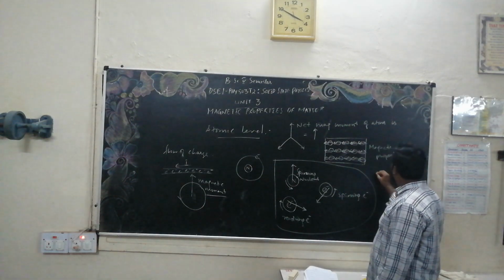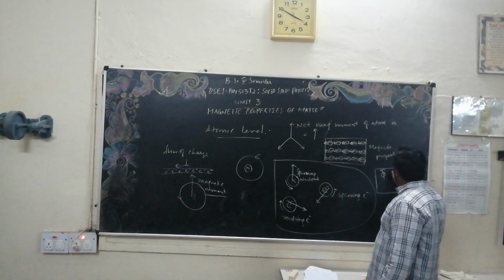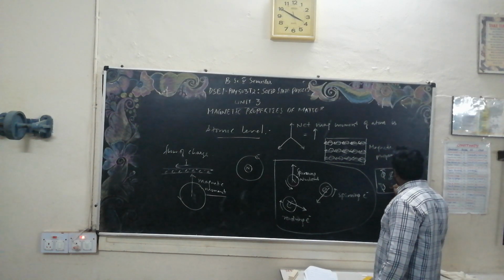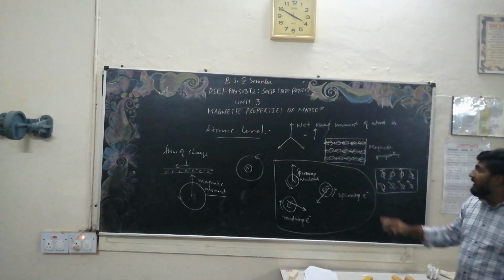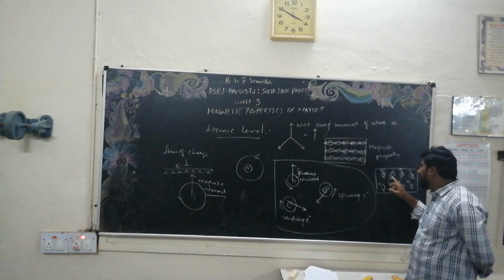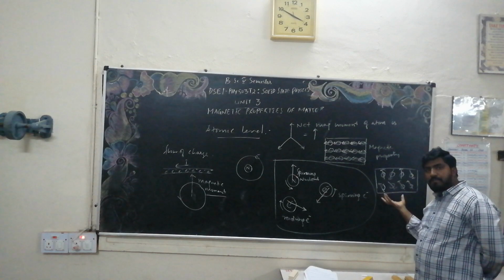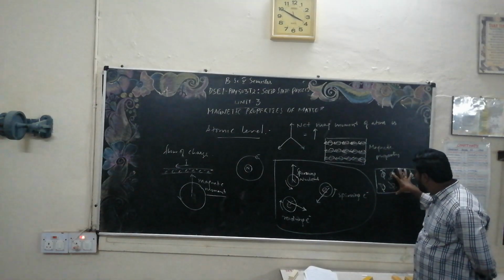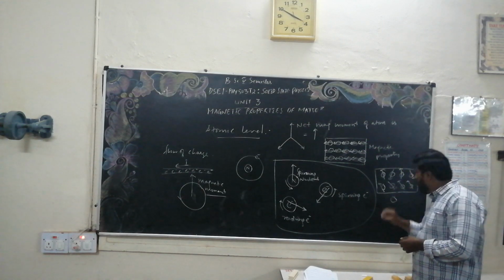In another case, if the dipole moments of the individual atoms, just observe, the magnetic moment of the first atom is in the upward direction, the magnetic moment of the second atom is in the downward direction. If I consider the overall system, the resultant magnetic moment of this material or this system is zero.